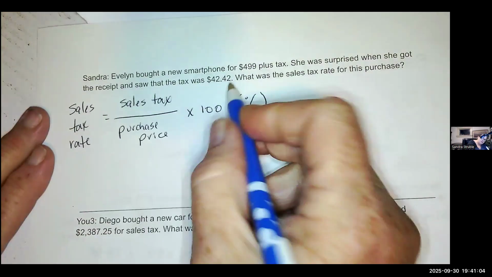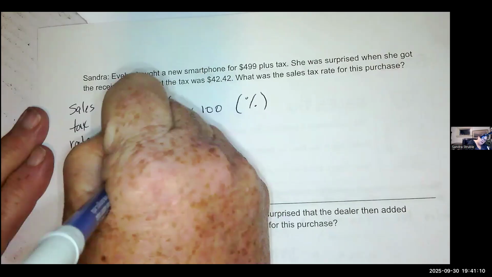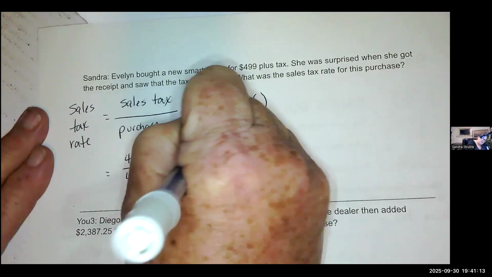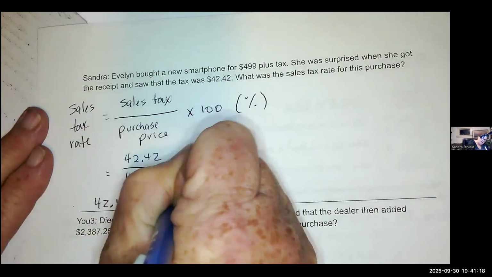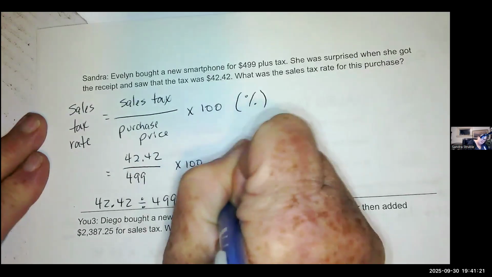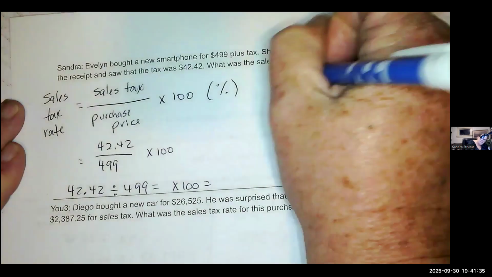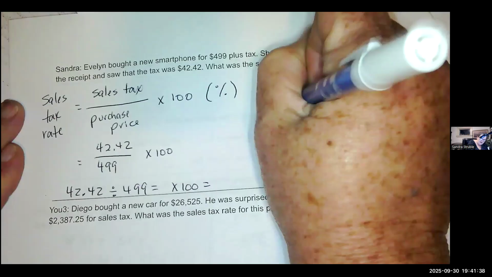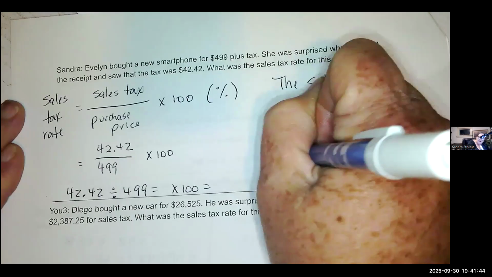So sales tax was $42.42. The purchase price was $499. To put this in your calculator is just 42.42 divided by 499 equals times 100 equals, and it's 8.5%. The sales tax rate is 8.5%.